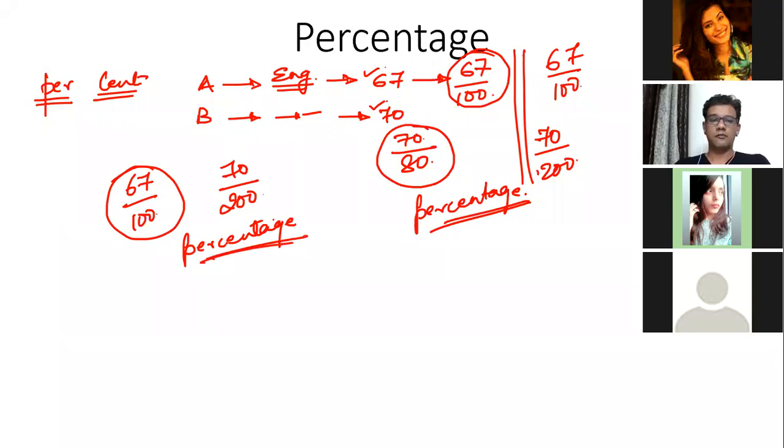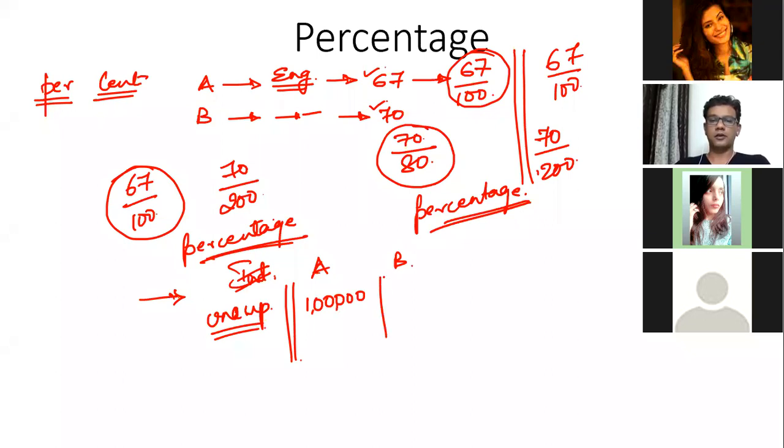Let's take it in a different way. Let's say country A, country B, and I'm talking about unemployment. In country A, 1 lakh, 100,000 people are unemployed, and in country B, 200,000 people are unemployed.